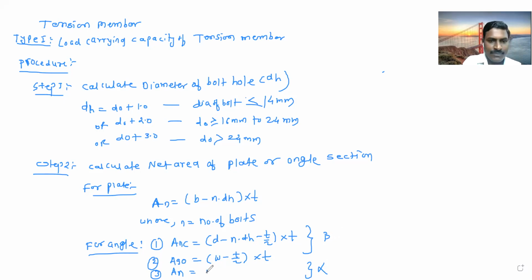So here Ag minus N into DH. Is this correct? Was it into T like that?